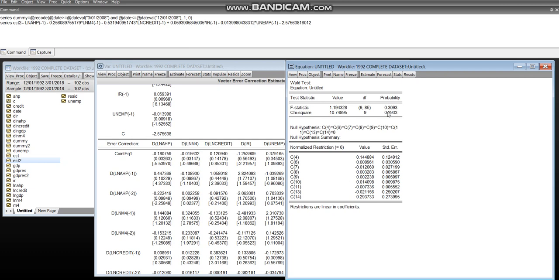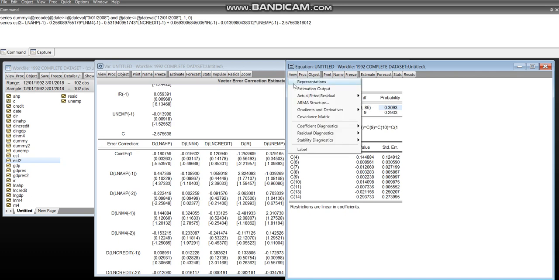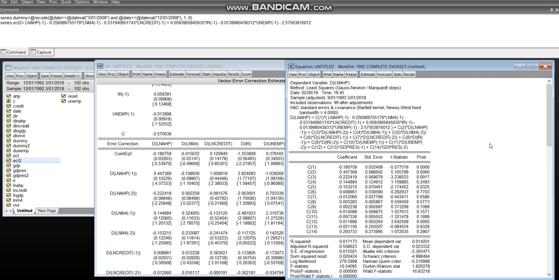And because our p-value, which is right here, if you look, this is the row that we need to be looking at, the p-value is 0.3093, that means that we can't reject the null hypothesis, and that means they're all jointly insignificant. So we would conclude that. That's something that you can write about in your essay.